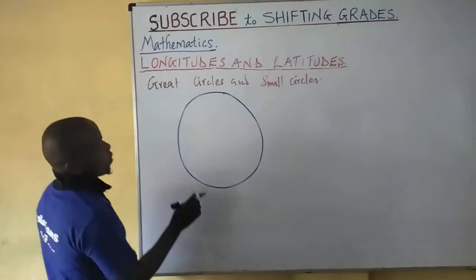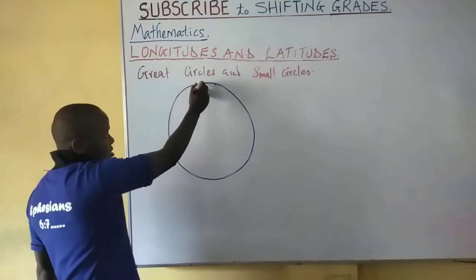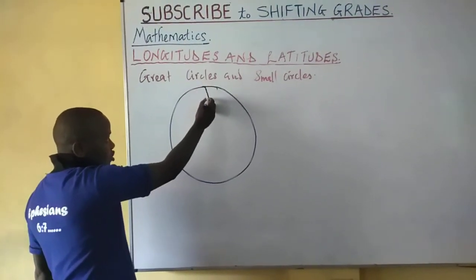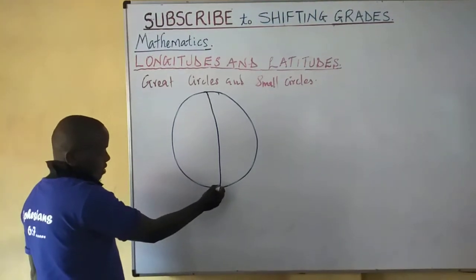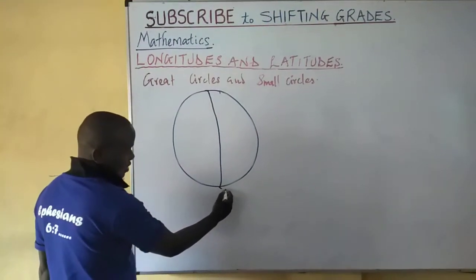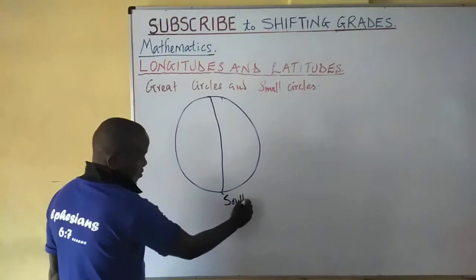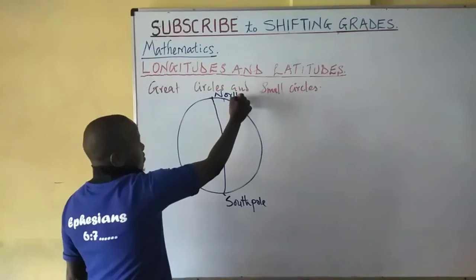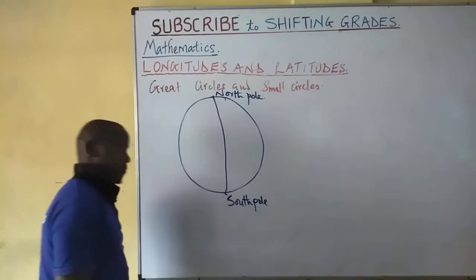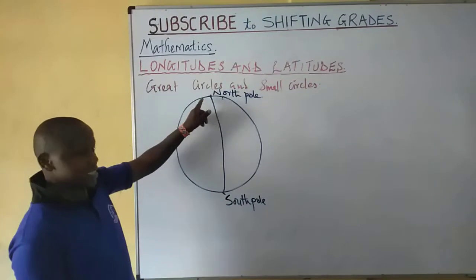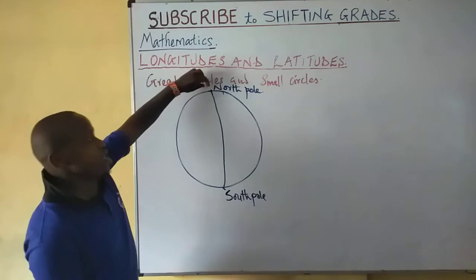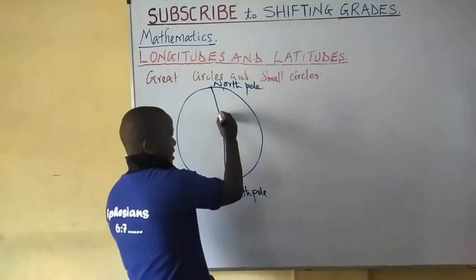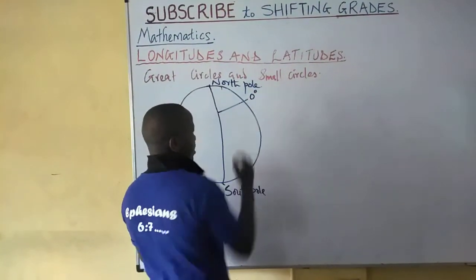Sometimes we have this line which runs from the south pole to the north pole. See this, the north pole, the south pole, sorry. And this is the north pole. Therefore, this imaginary line, which runs from the north to the south pole, is 0 degrees.